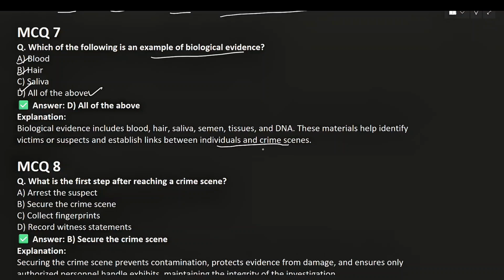These samples are extremely valuable because they can provide DNA and help investigators identify a suspect, victim, or establish a connection between a person and the crime scene. So remember, whenever you hear DNA, think of biological evidence. DNA equals biological evidence.